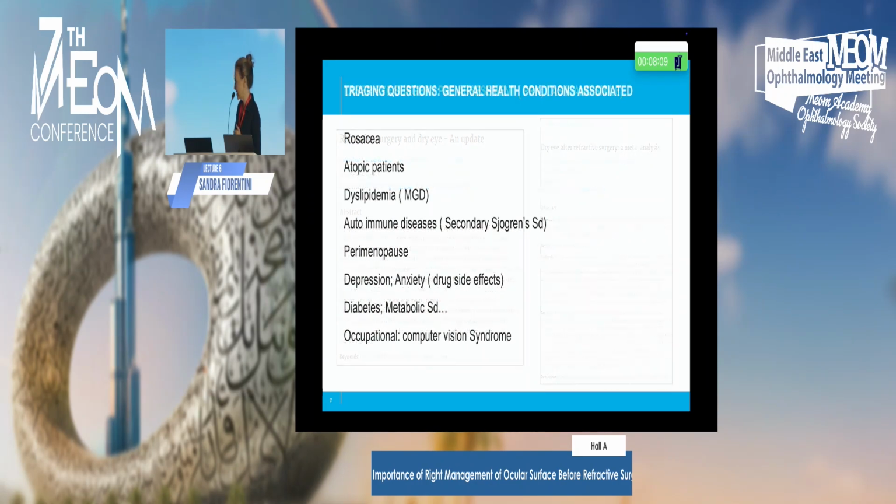So the pre-assessment basically starts, and I think the previous speakers spoke very well about the association between general health condition and ocular surface disease. Normally we have triaging questions, trying to rule out rosacea, atopic patients, especially autoimmune disease, diabetes, even patients who are very symptomatic in perimenopause, patients with depression and anxiety, and we simply contraindicate laser eye surgery if the patient has this disease with dry eyes associated.